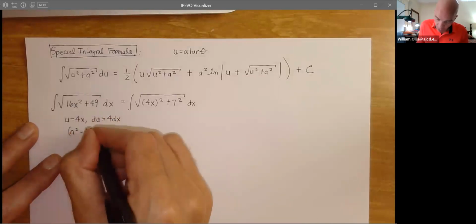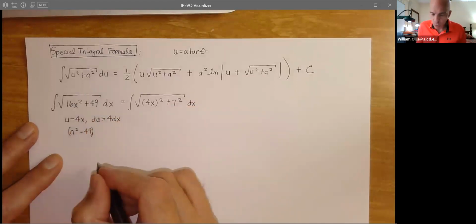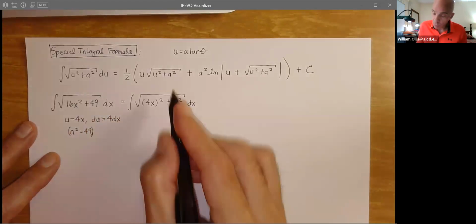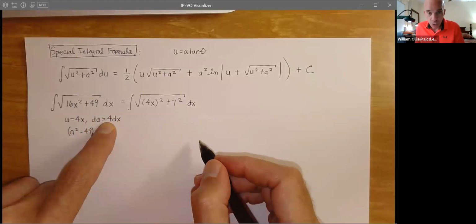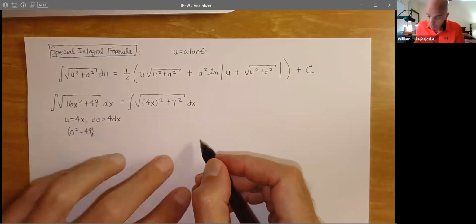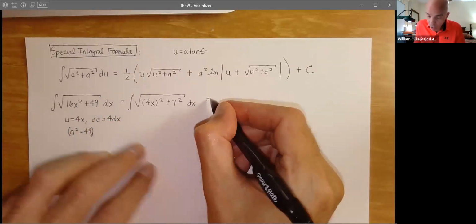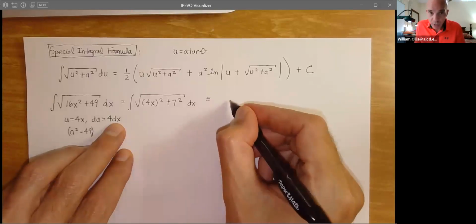We didn't have to do the 7 squared so much, but we see a squared is 49. And when we look at our formula here, we've got a bunch of a squares hanging out. But now we need the differential so we can apply the formula. We don't have a 4dx, we just have dx.